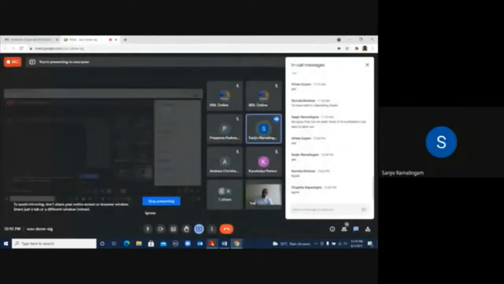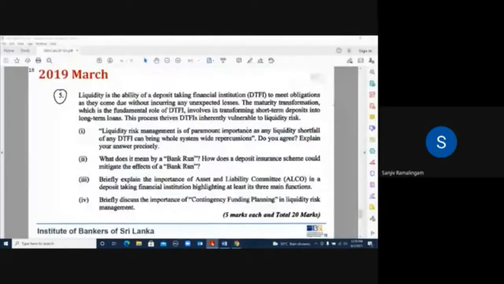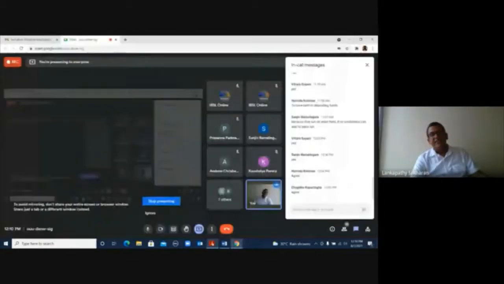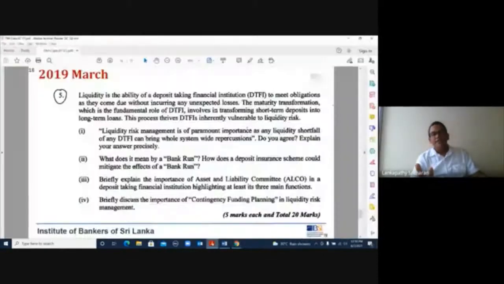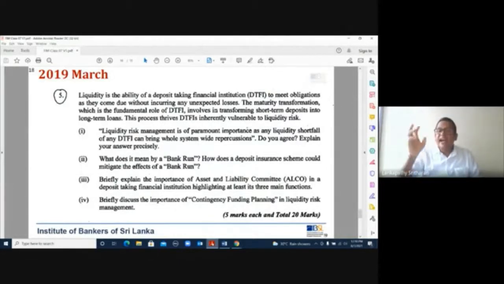Due to adverse information about the bank, people go to the bank and withdraw their money. Yeah, that's it. We have to mention two words mainly. Most of the customers rushing to the bank and demanding their deposits, or withdrawing their deposits, simultaneously.